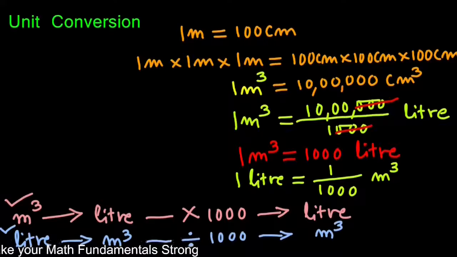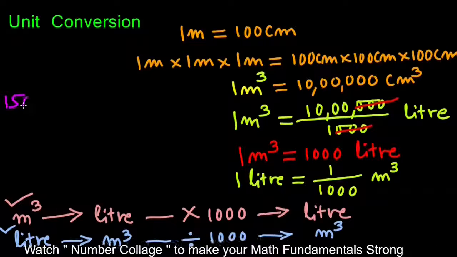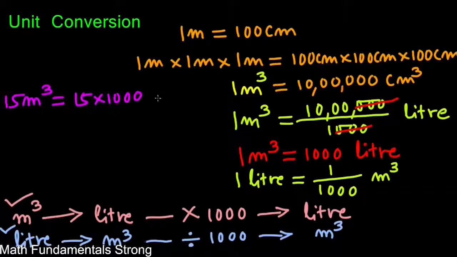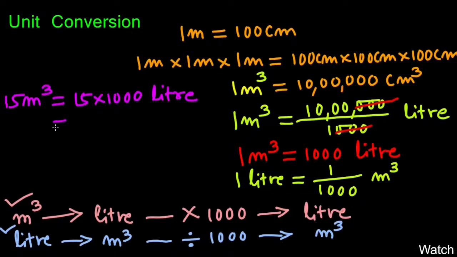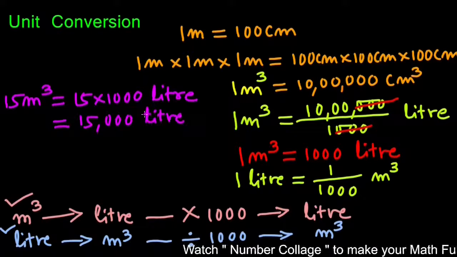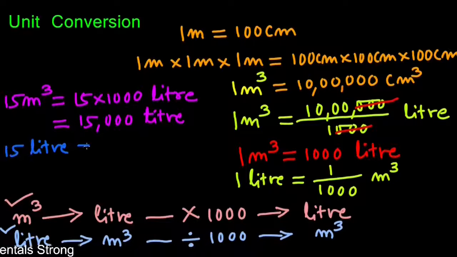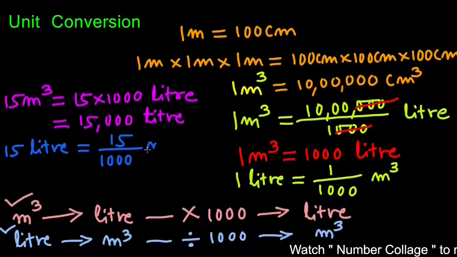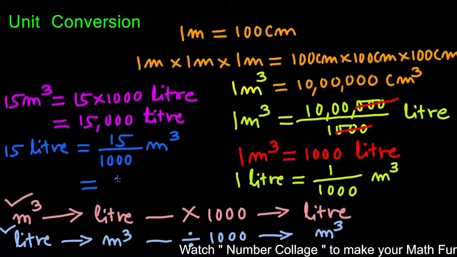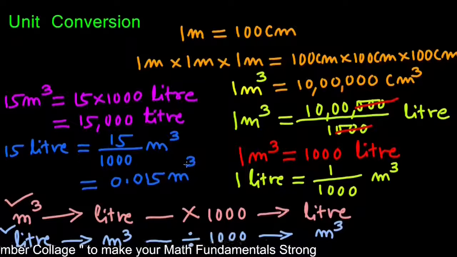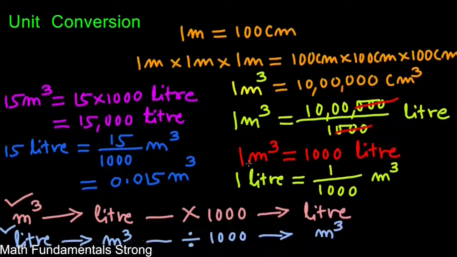For example, 15 meter cube will be equal to 15 multiplied by 1000 liter, that is 15,000 liter. And conversely, 15 liter will be equal to 15 divided by 1000 meter cube, that will be 0.015 meter cube. So this is how the unit conversions are done.